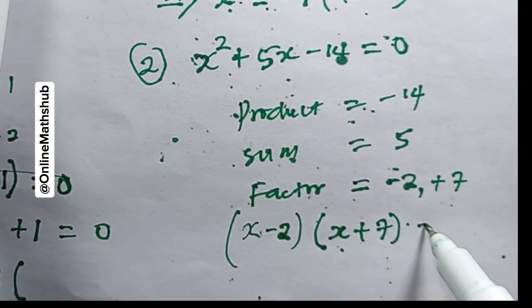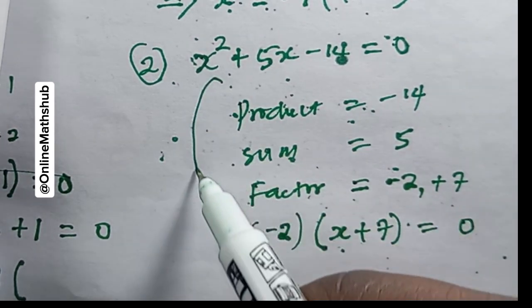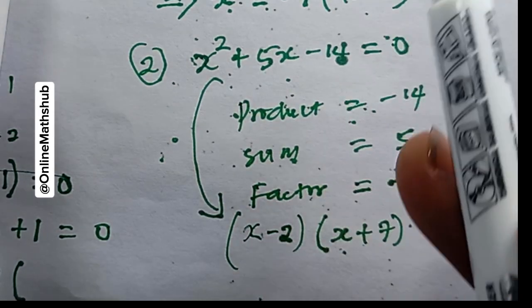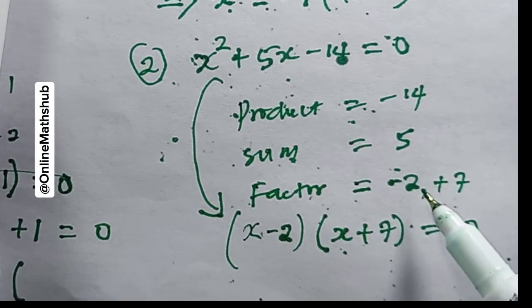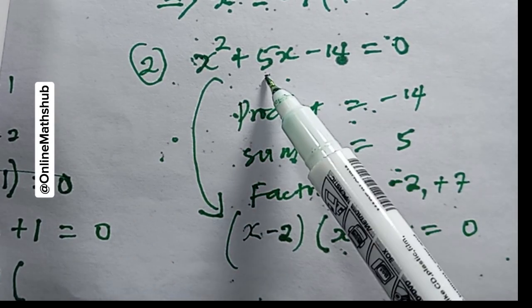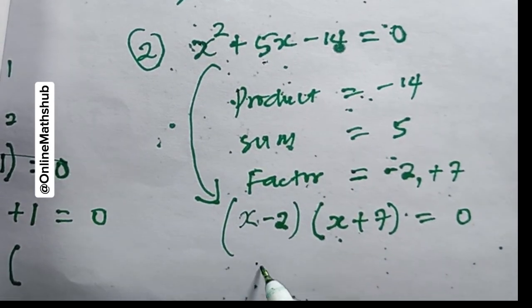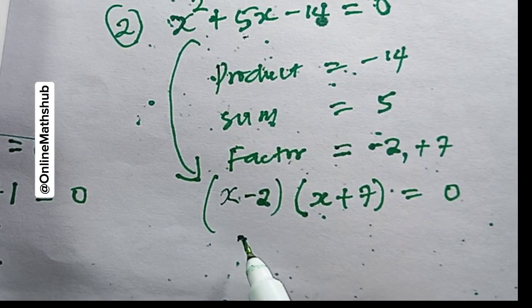And it is equal to 0. Of course, this is actually going to be the result of the simplifications you would be doing if you replaced this 5x with the sum of the two factors. And at this point you can just go ahead and apply the zero product rule.